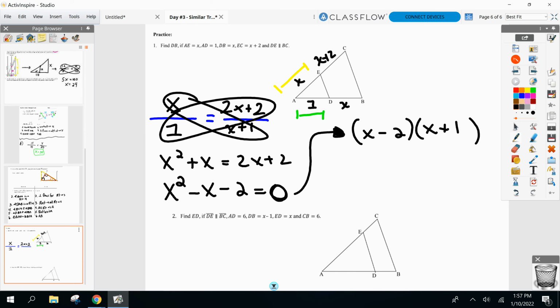When you factor, 2 numbers that multiply to -2 but add to -1. Any issues? Equal to 0. You guys know from here. X equals 2. X equals -1.